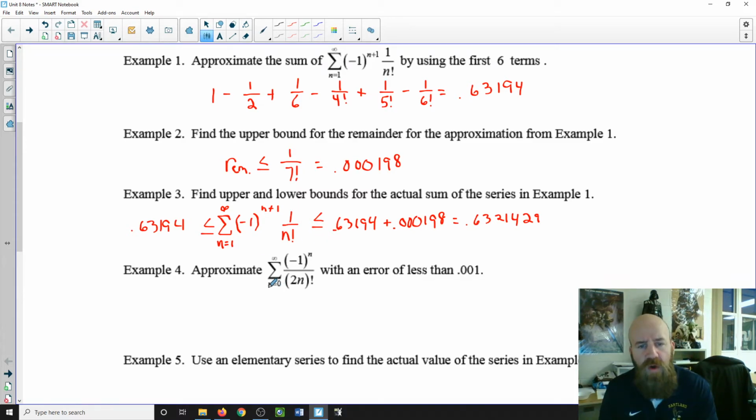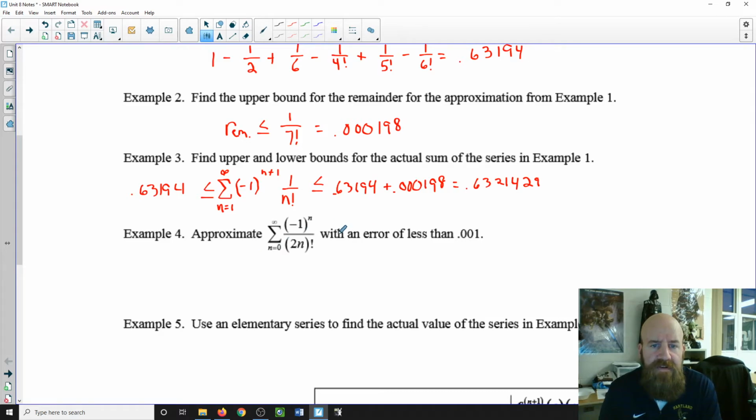Example 4, approximate this series with an error of less than 0.001. Okay, so what we're going to do, just like we did in example 1, is list out our first few terms. If we plug in 0, we end up with 1. And plug in 2, we're going to end up with a 1/2.